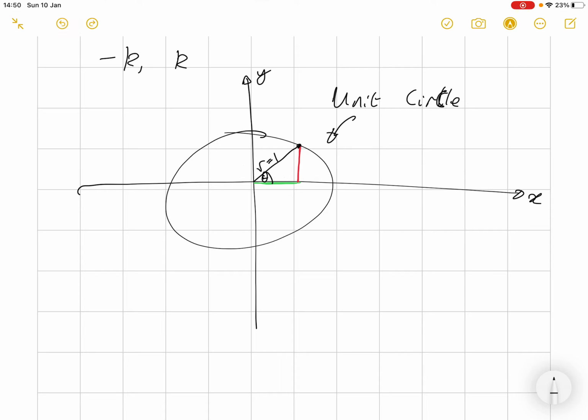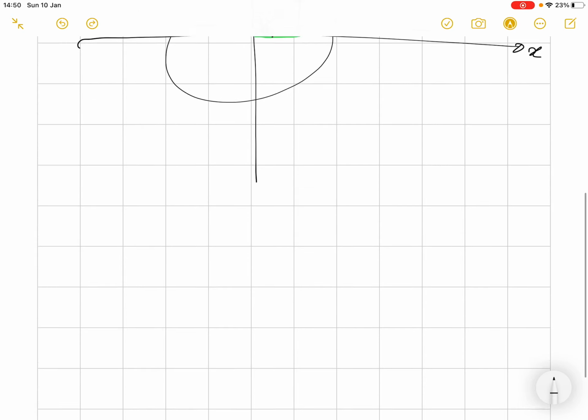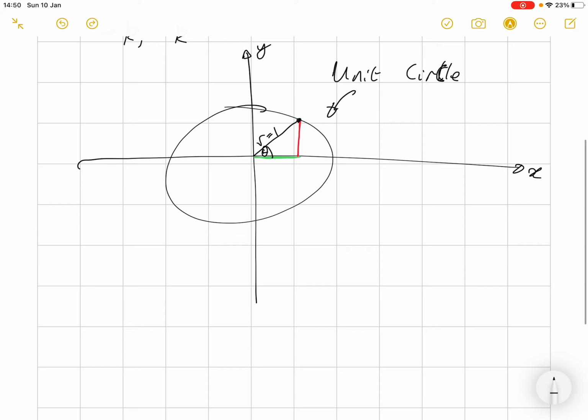Well, for those of you who are maybe actually paying attention and not enjoying the time you have off, I'm only joking, you might already know what that red line and that green line are. Think about the definition of sine, cosine, and tan.